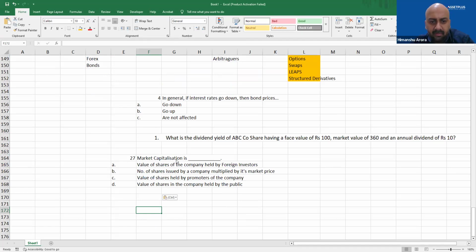A very simple one. So the correct answer is not C that some of you have mentioned. The correct answer is B. Number of shares issued by the company multiplied by its market price.